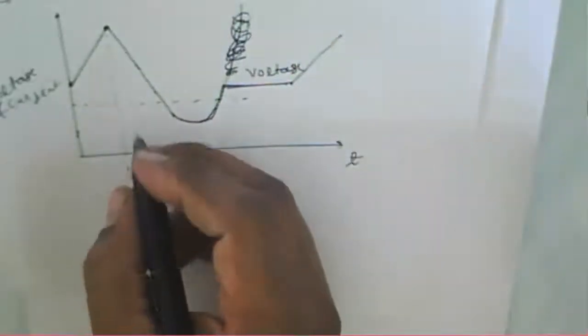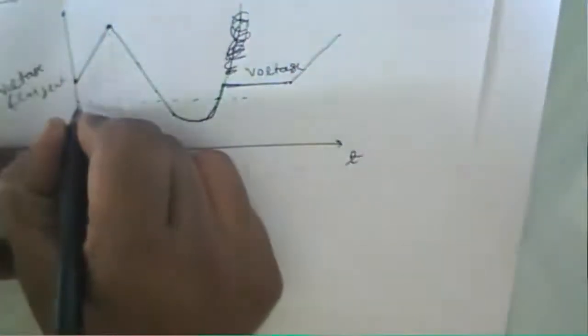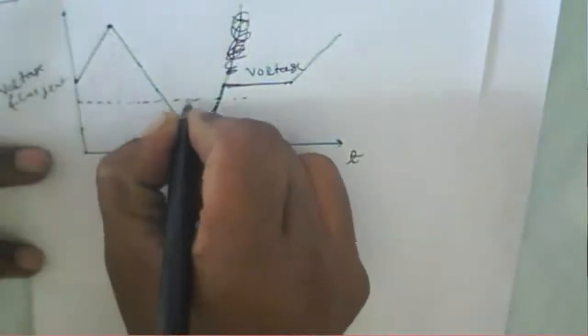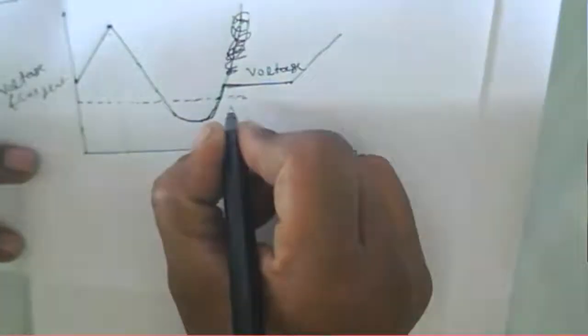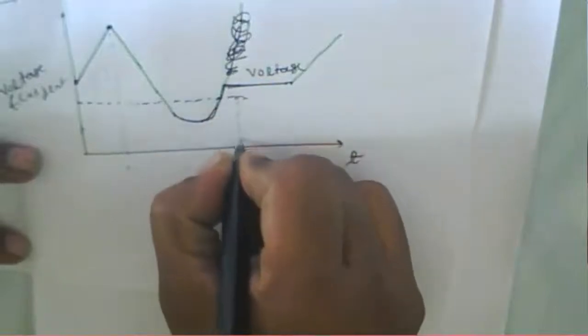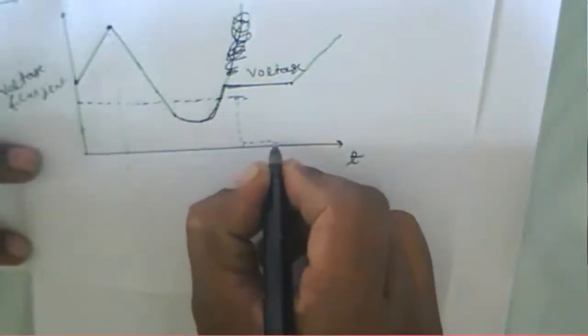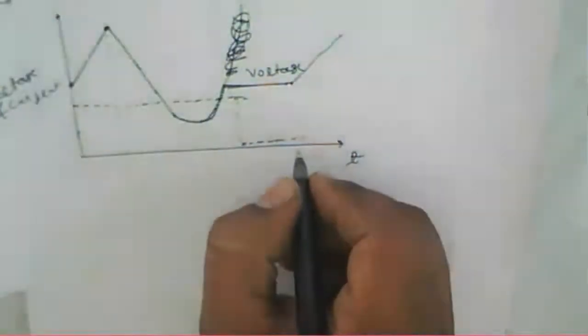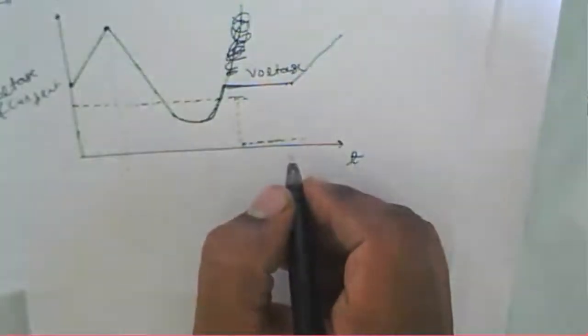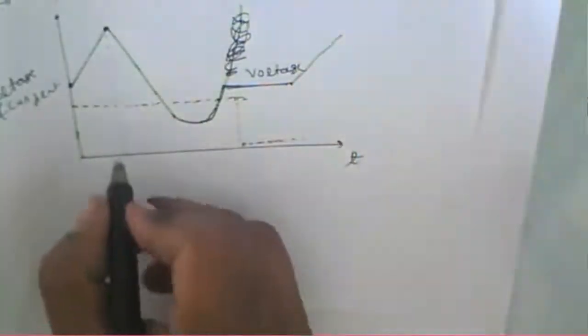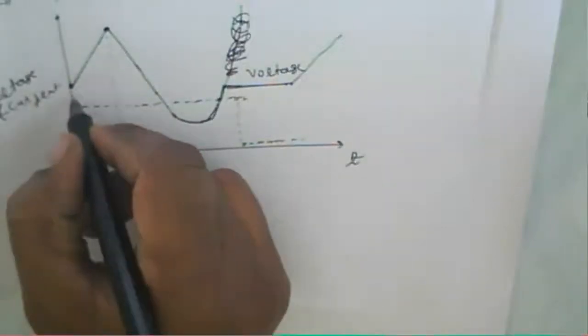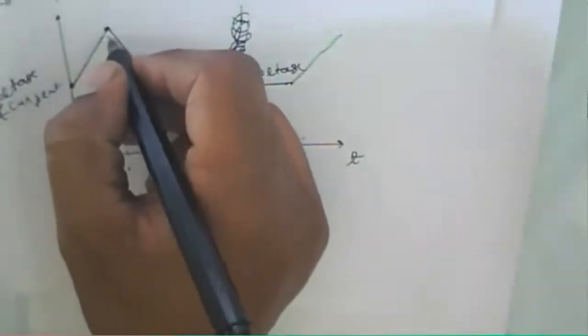This is the voltage we apply, and this is how it increases. This portion is called the current, and this one is the time interval.